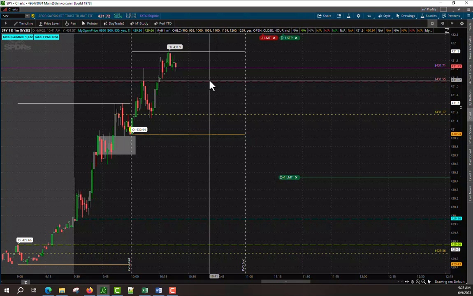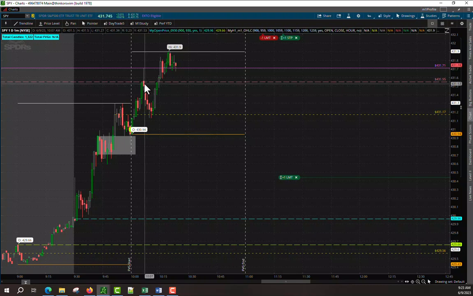Wait for the PM session so you can short on a retracement or on a pullback right there. If we enter the trade short right here, that would be premature for us. We stop out.